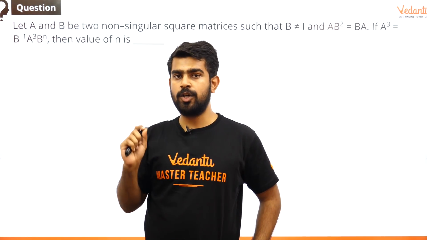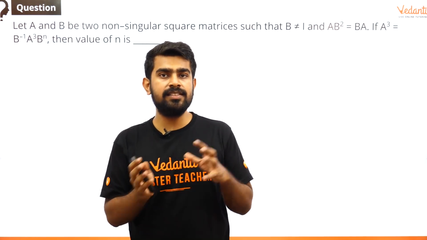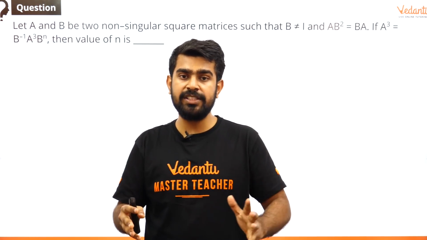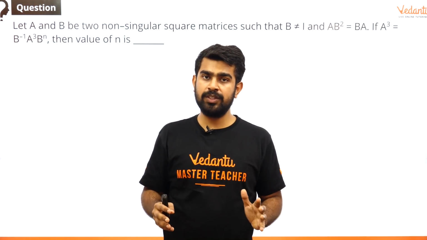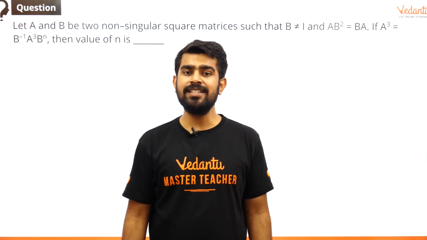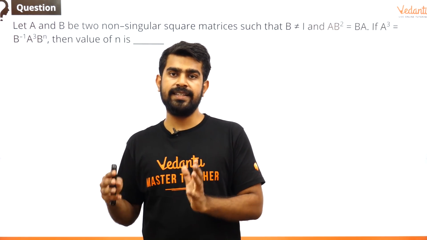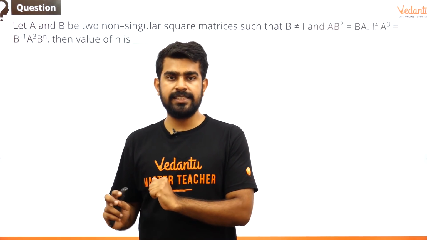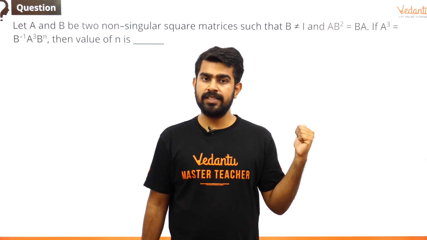Otherwise, it is not possible because whenever a matrix is singular, its determinant value is 0, and whenever a determinant value is 0, the inverse is not going to be present. Because what is A inverse? It is nothing but adjoint of A by det of A. So det of A has to be finite. Is that clear, guys? So let us try to solve this question.